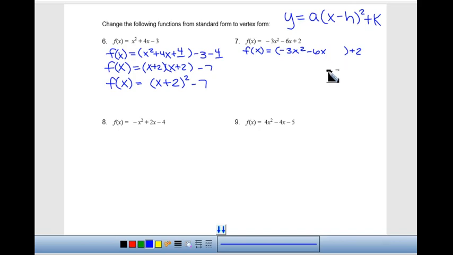Because we have a lead coefficient, we have to divide that lead number out of our parentheses. So we're going to take -3 and divide it into these two terms. That will leave me with x squared and positive 2x.